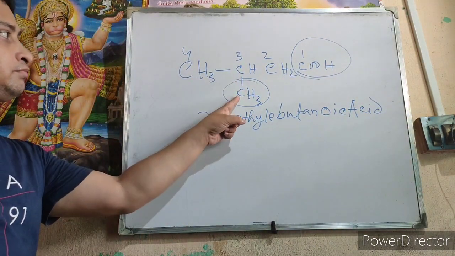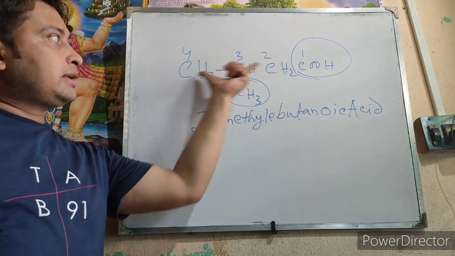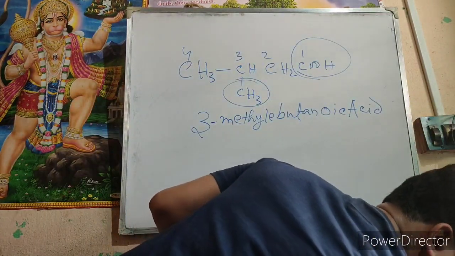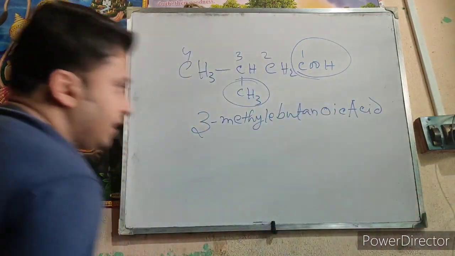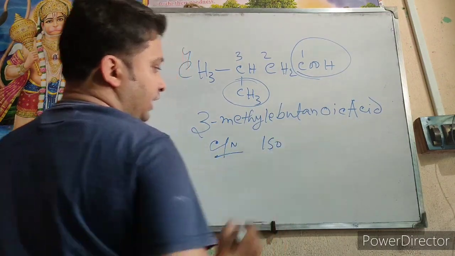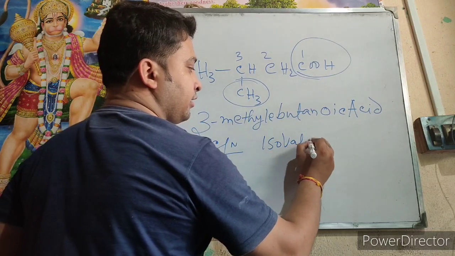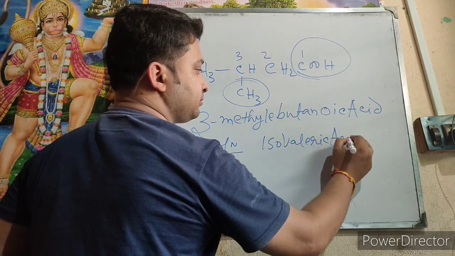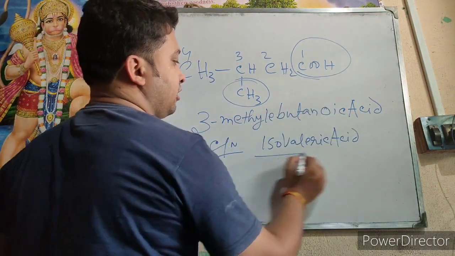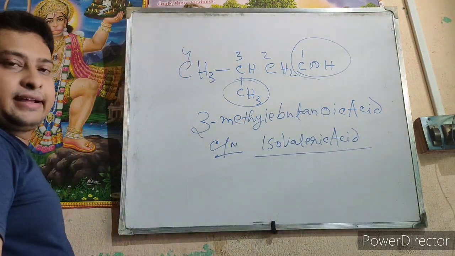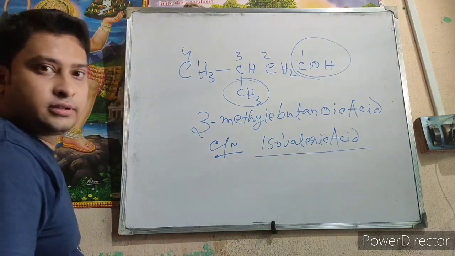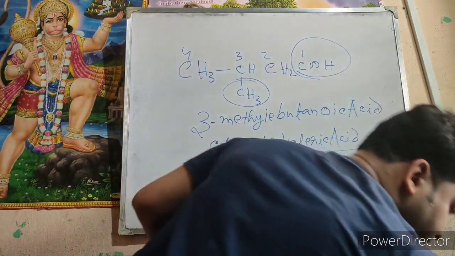So 3-methyl butan, as the number of carbons is 4, butanoic acid, or you can write its common name, isovaleric acid. 3-methyl butanoic acid, or its common name isovaleric acid. So palmitic acid, stearic acid, then isovaleric acid. Okay.